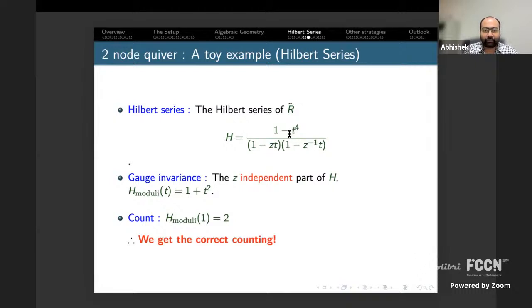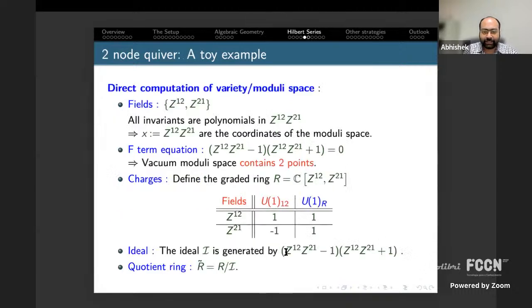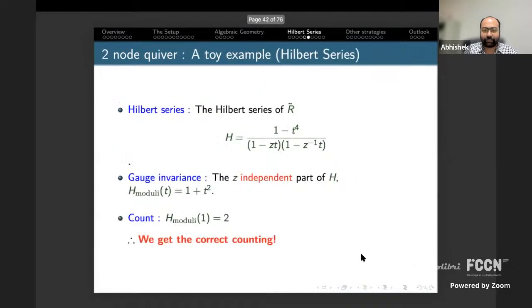And the minus t to the power 4 is reminiscent of the fact that this ideal is a fourth degree ideal, and this is coming as a constant, therefore there is a minus sign here. Once you extract the Z invariant part from this Hilbert series, you get the answer 1 plus t squared, and the count again becomes 2, which is the correct counting that we saw.